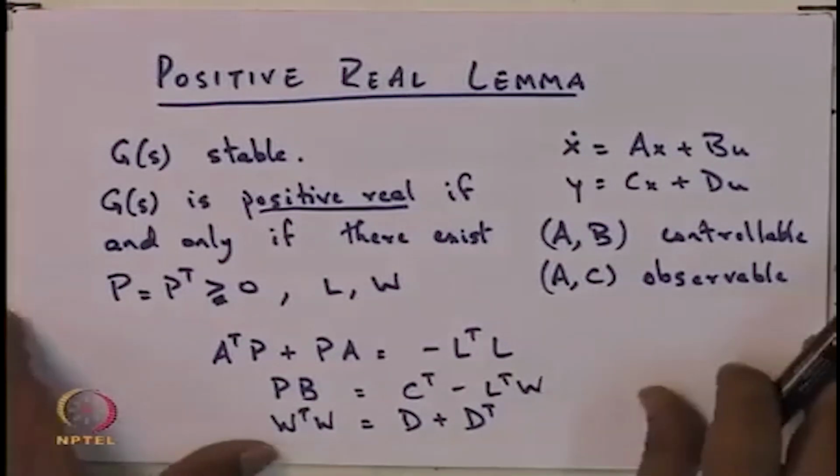Now, in order to do this, I will have to invoke some other generic theorems that are known. One of them is the spectral factorization theorem. As we go along, I will talk about it. The spectral factorization theorem plays a central role in other fields also, not just in control theory.